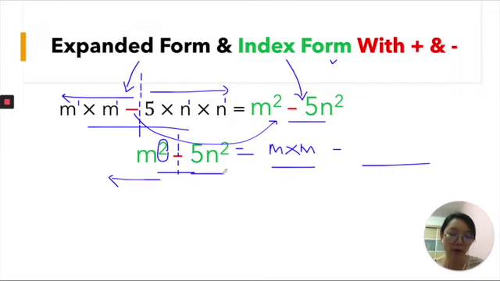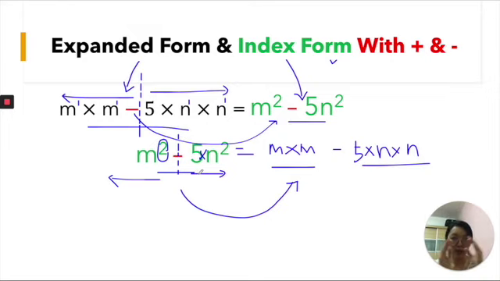Again, on my right, I have 5. In between 5 and n, I have multiply, invisible. So I put 5, multiply, n squared, that means n repeating 1 time, repeating 2 times. Yes, so this is from index form, I change it to a longer one, expand it to m times m minus 5 times n times n.